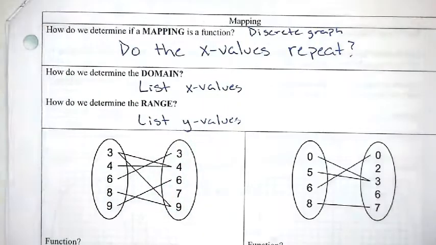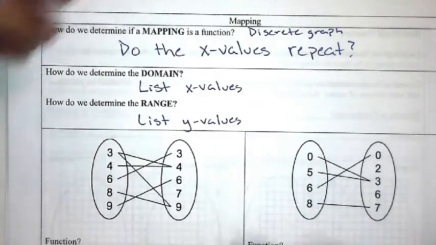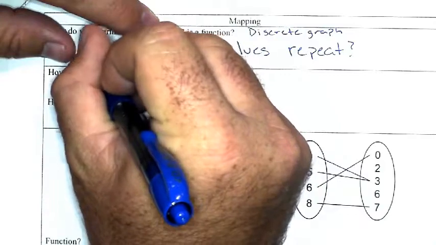Now, in order for a graph or a map to be a function, I'm going to put this little extra note. That's a star right there.